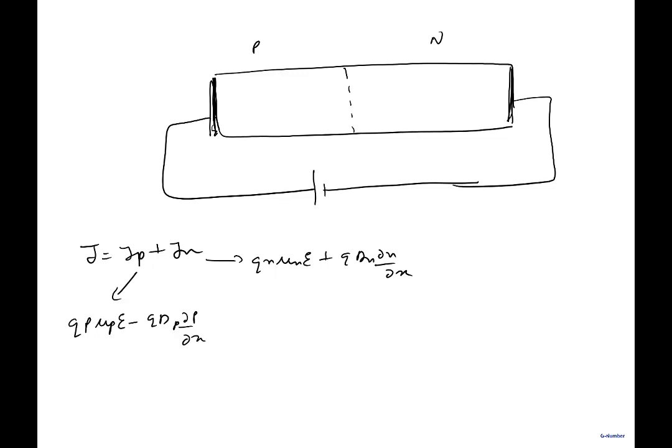Now, to calculate currents, I have to calculate what? Two, Jp and Jn. To calculate Jp, I need to calculate this and this. In general, I need to calculate four current components.